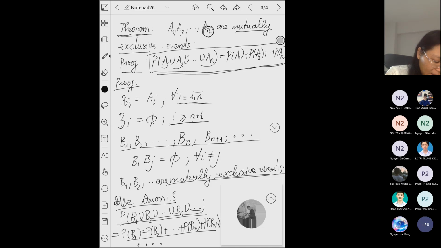So we have the sequence of events B1, B2, ..., Bn plus 1, and so on. We see that Bi intersection Bj equals the empty set for all i not equal to j. So the events here are mutually exclusive.